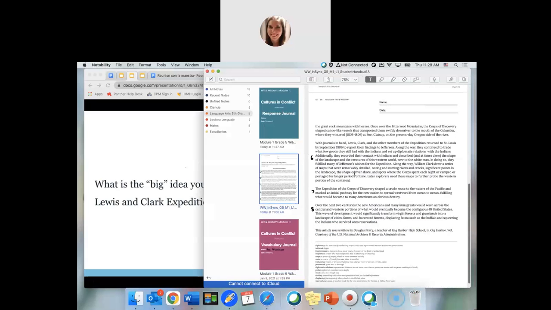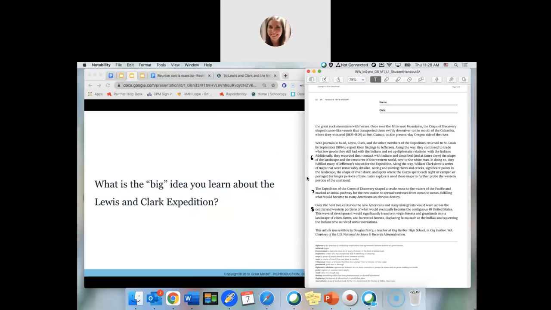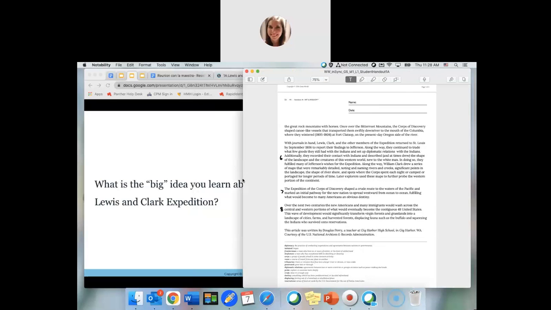I think the main idea of the Lewis and Clark text is... I have a complete sentence, because if you just wrote, I think the main idea is, and you just gave it to somebody, they're not going to know what it is. So we are going to write in a complete sentence. And I want you to write down, what do you think the main idea was? Remember, this is in your Notability.